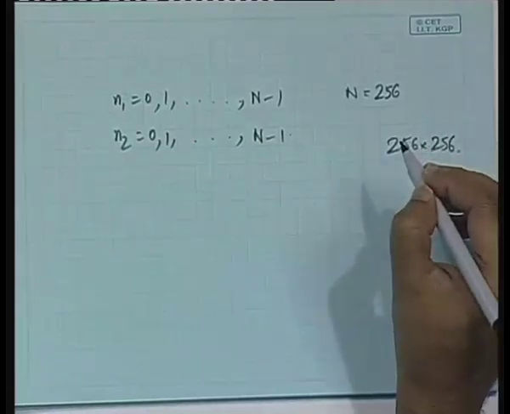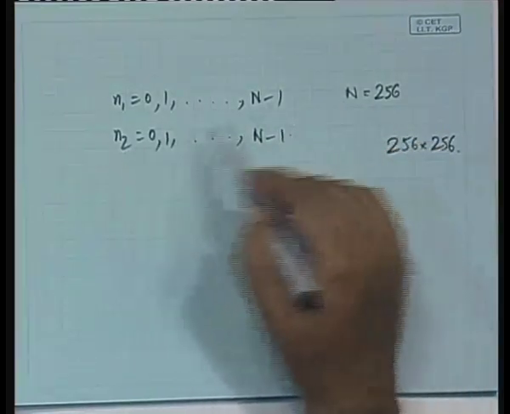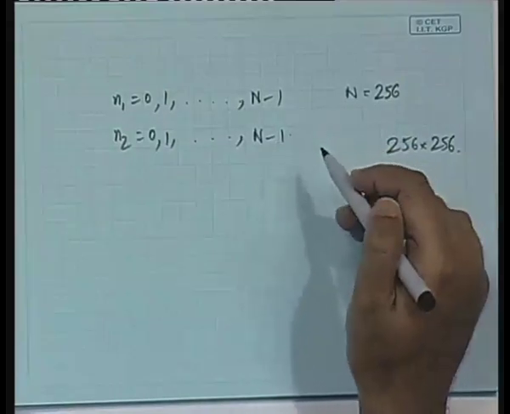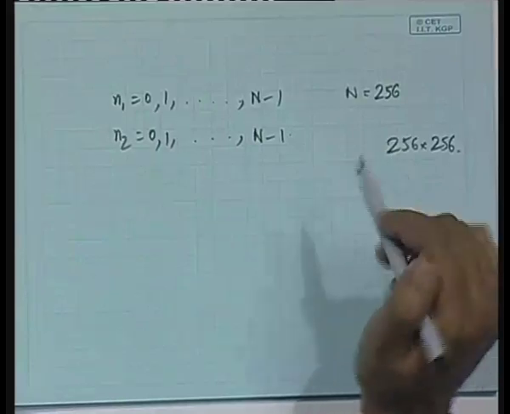Of course, it is a square image example, but if we have a rectangular image example, in that case this n and this n would not have been the same. We would have then called n1 as 0, 1 up to capital N1 minus 1 and n2 as 0, 1 up to capital N2 minus 1, and in that case the image size would have been a rectangular one, capital N1 by capital N2. Okay. So, you could have a size of 176 by 144, or you could be having 352 by 288, any such rectangular sizes should be possible.